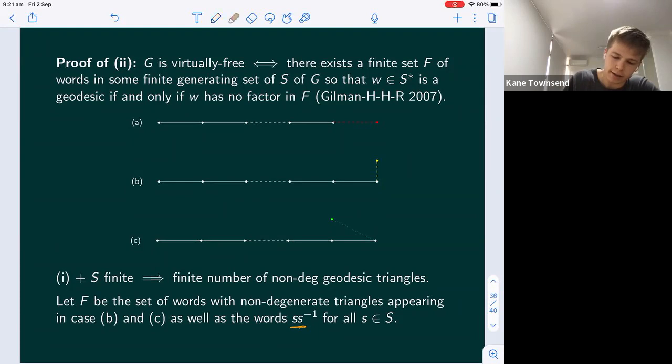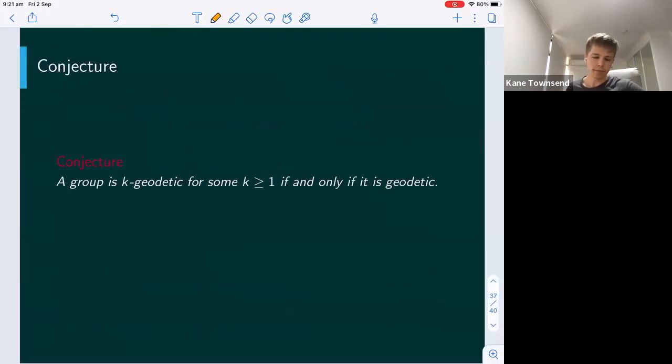What I mean by that is we take the non-degenerate triangles, and we take this word here and put it in F, assuming that the triangle looks like this and not something like this, because that's degenerate. That will give us an F that's exactly what we want. Any non-geodesic word will have a factor inside F, and that proves virtually free.